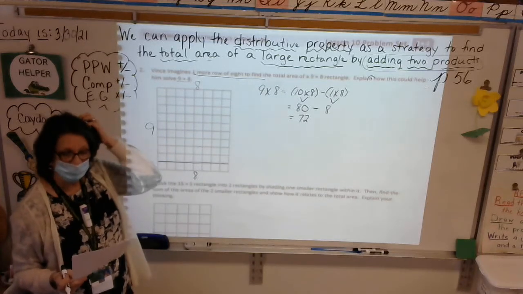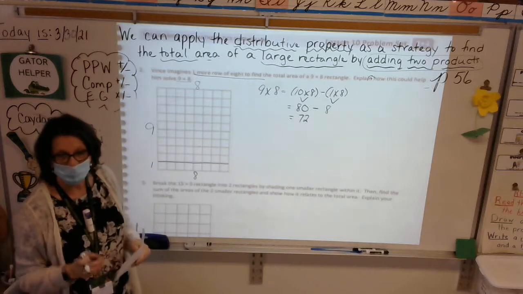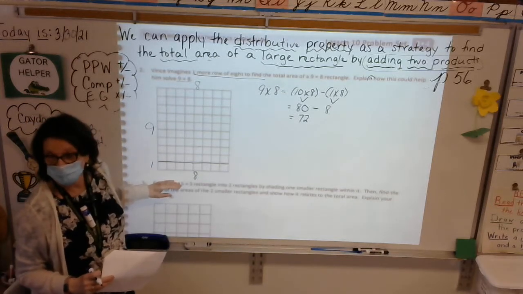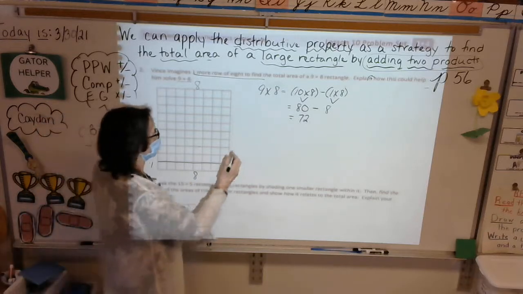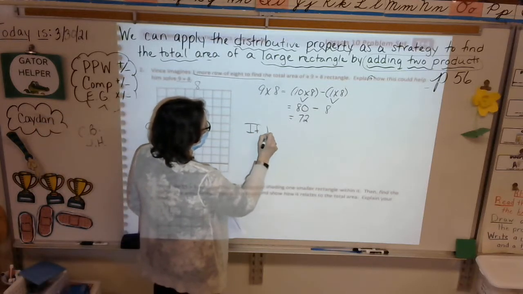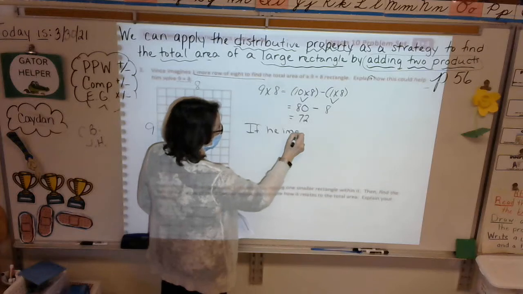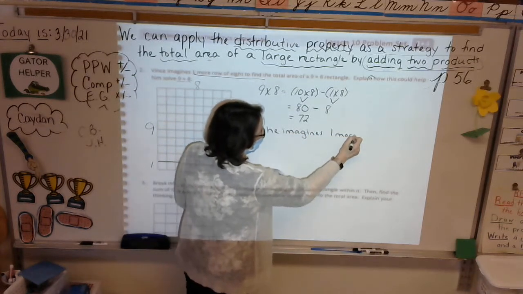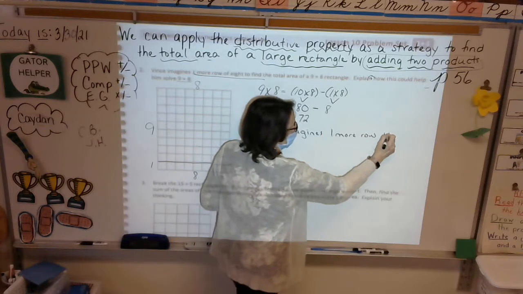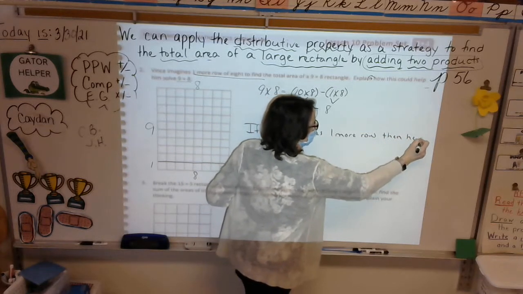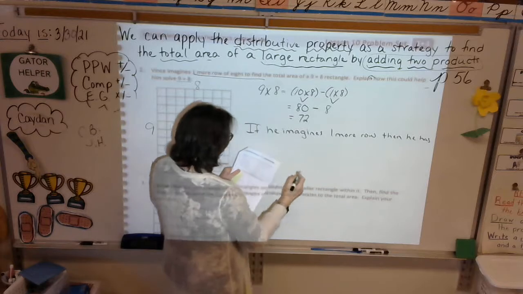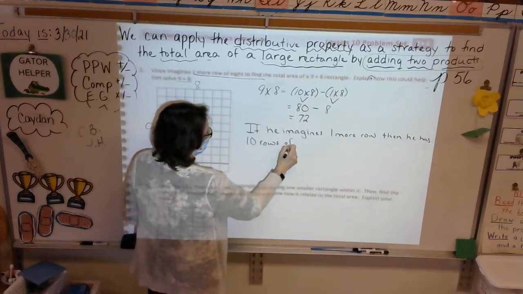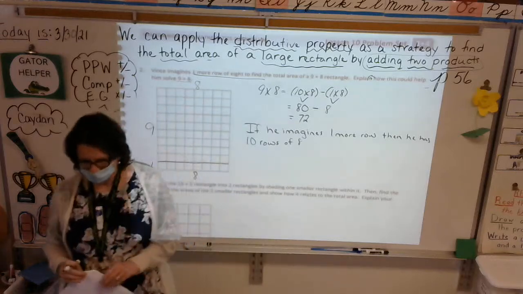But now we have to explain how this could help him. All right? So, if he can imagine one more row, what does he have? Then he has 10 times 8. So let's write that. If he imagines one more row, then he has 10 rows of 8.